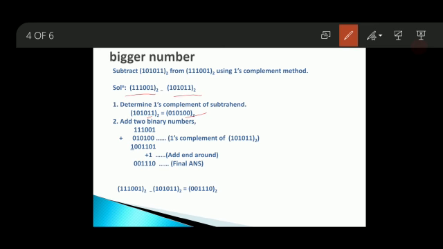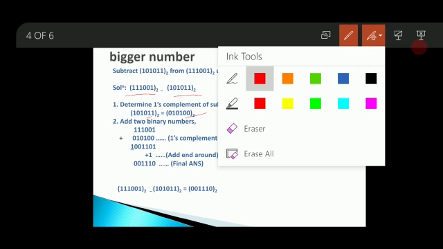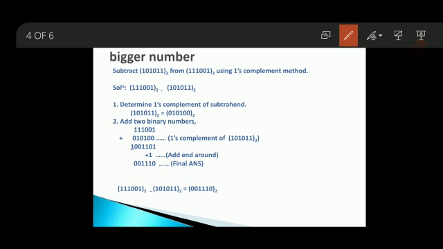The second step is to add the two binary numbers. What are those numbers? You have to add the first number and the ones complement of the subtrahend. We'll add it here and check the answer. 1 plus 0 is 1. 0 plus 0 is 0. 0 plus 1 is 1. 1 plus 0 is 1. 1 plus 1 is 0, but there will be a carry produced here.